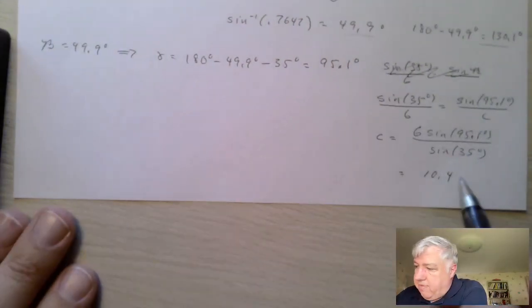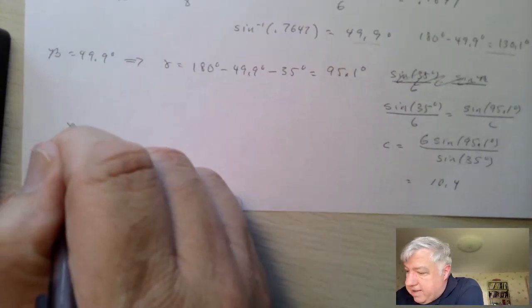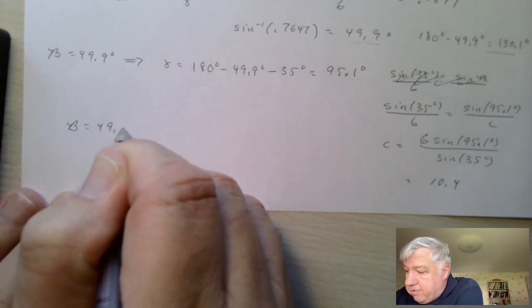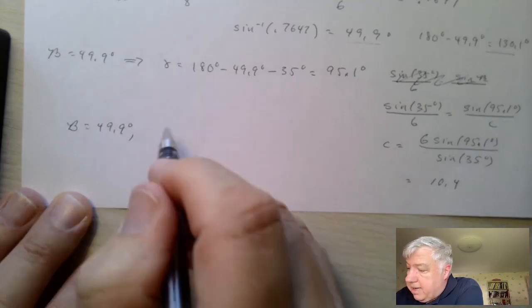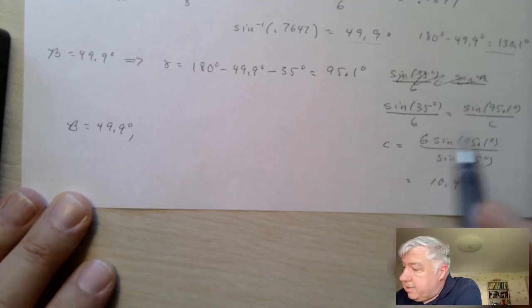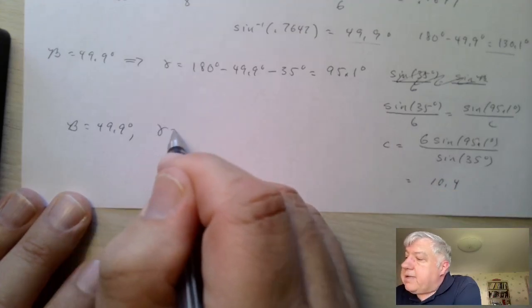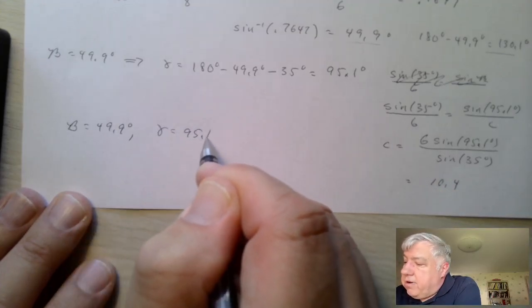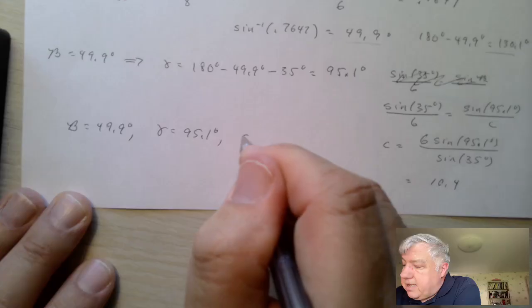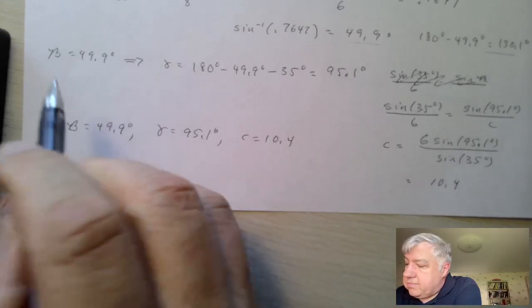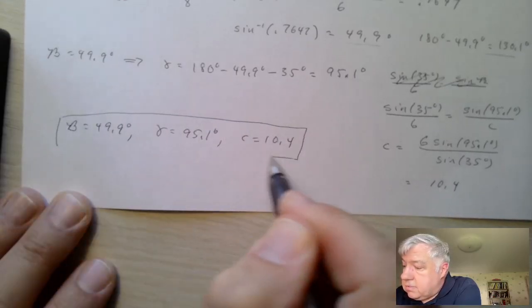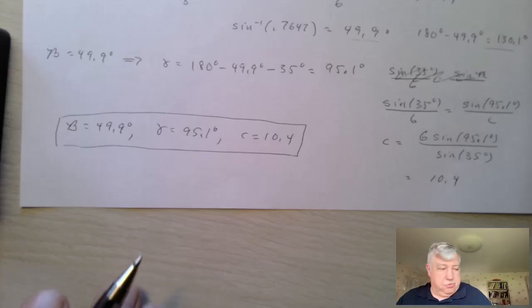So we have one set of solutions: beta equal 49.9 degrees, gamma is 95.1 degrees, and c is 10.4. So that's one possible solution.